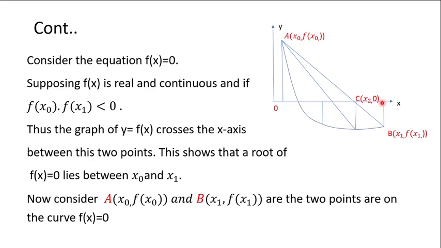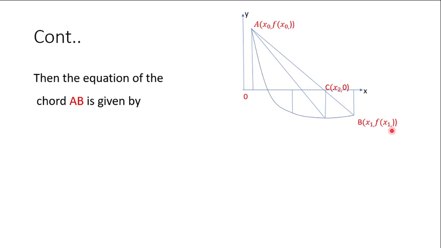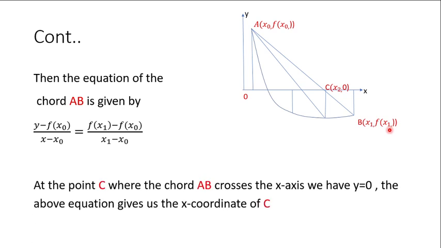Now consider the points A with coordinates (x0, f(x0)) and B with coordinates (x1, f(x1)) on the curve f(x) = 0. Then the equation of the chord AB is given by (y - f(x0)) / (x - x0) = (f(x1) - f(x0)) / (x1 - x0).